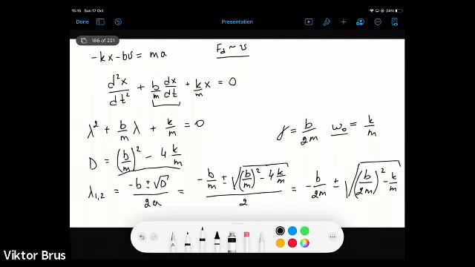And the drag force is already taken into account in the parameter gamma. So now we can rewrite our solutions for lambda 1 and 2 as minus gamma plus minus square root of gamma square minus omega 0 square.